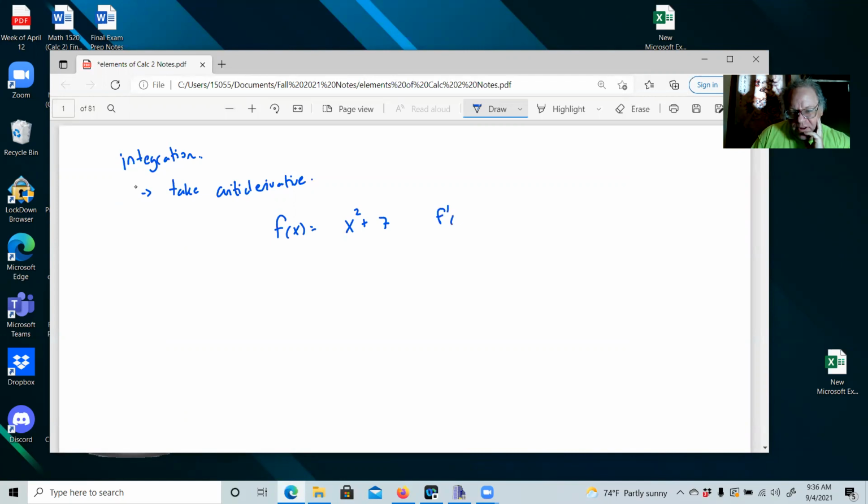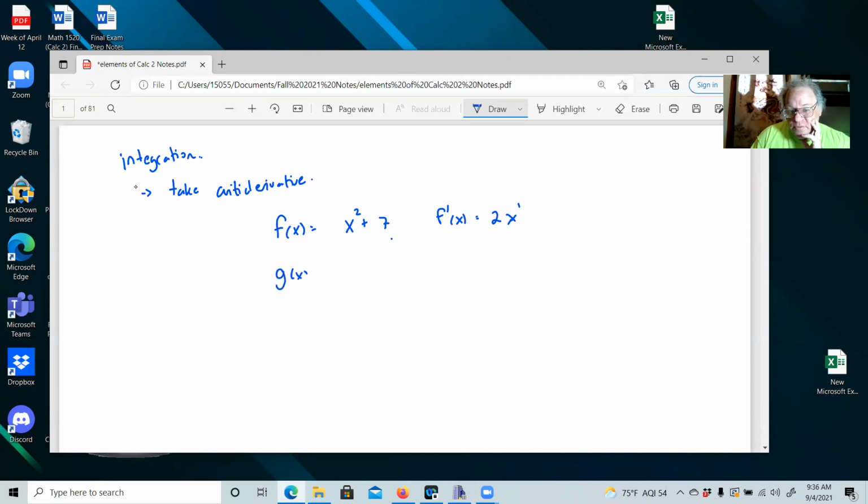And I take my derivative. So we're going to just use the power rule. The 2 is going to come in front, right? 2x, and then the exponent decreases by 1. And then the derivative of the constant, right? That's just 0. So we're done here.